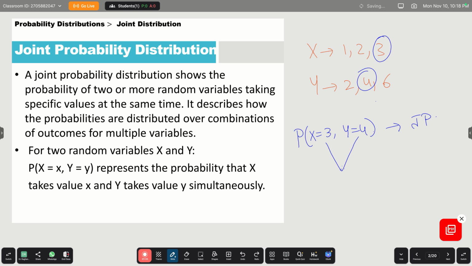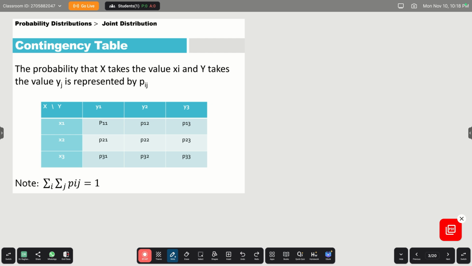These joint probabilities for different values of x and different values of y are represented in a table called a contingency table. The probability that x takes the value x1 and y takes the value y1 is denoted by p11.